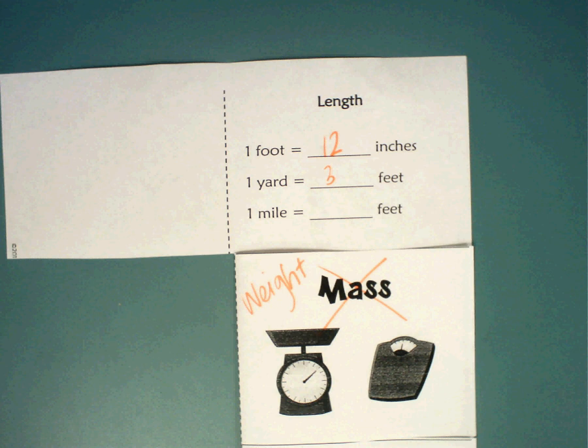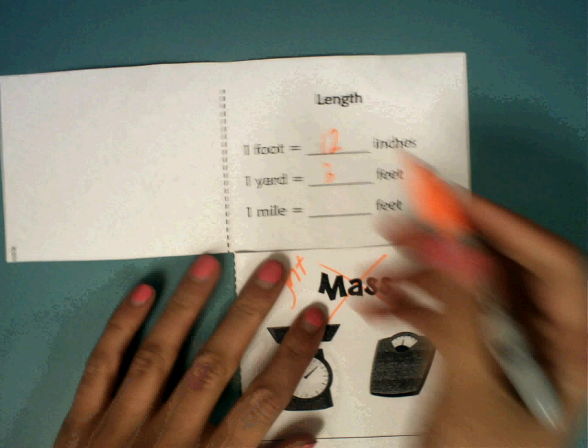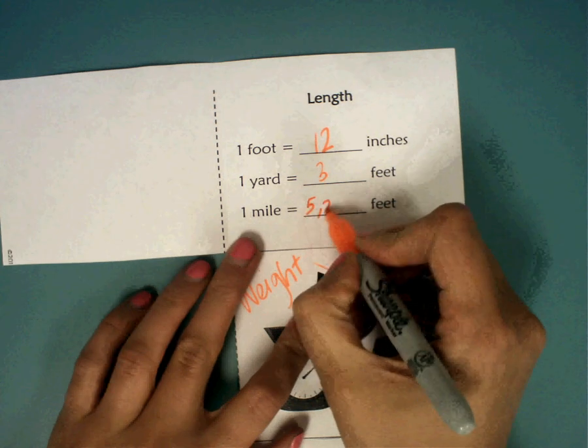So the next one is miles. I want you to think about how long it takes you to drive to your house. If it takes you more than 10 seconds, it's probably more than a mile. Okay, so 1 mile equals 5,280 feet. You do not have to memorize that.